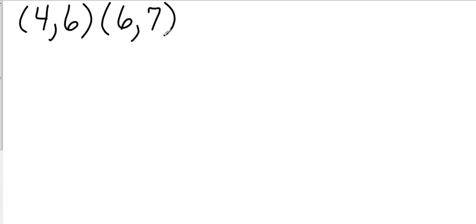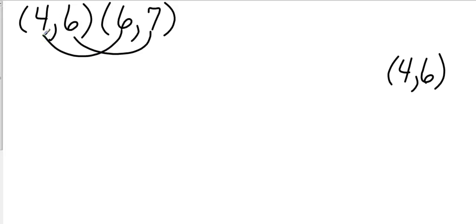It's called the point slope form, so I need 1 point, so I'll pick either one of those. I'm going to pick the 4, 6, just because it's positive. And again, point slope form, I'm going to need a slope. So to find the slope, I'm going to take the y's and subtract them, and put that over the x's and subtract them. So that's going to be 7 minus 6 all over 6 minus 4.